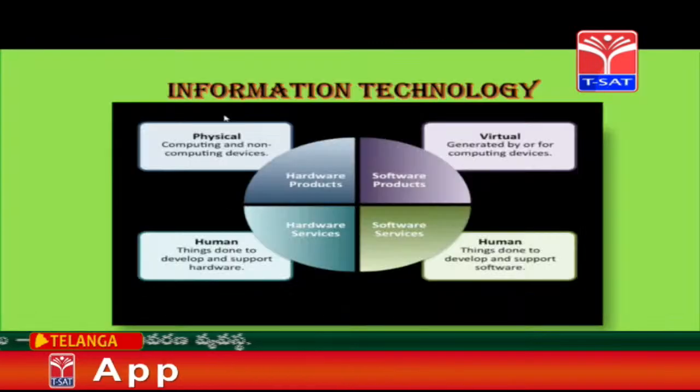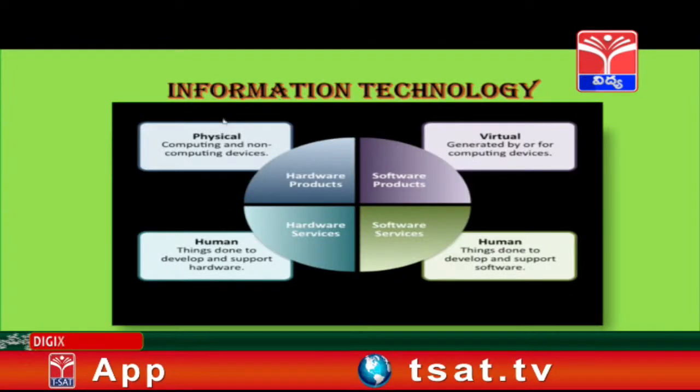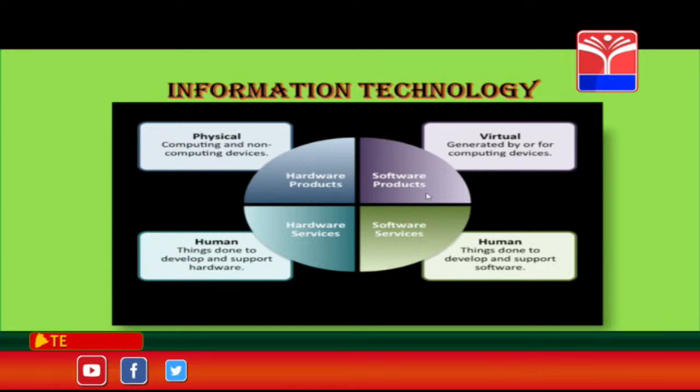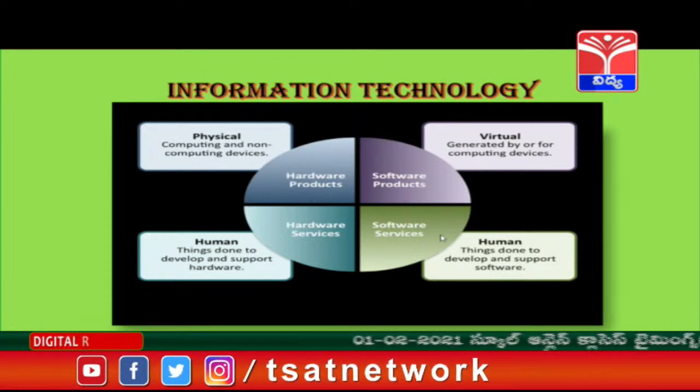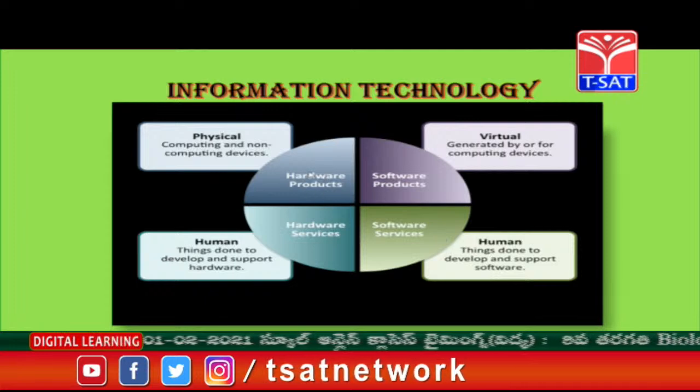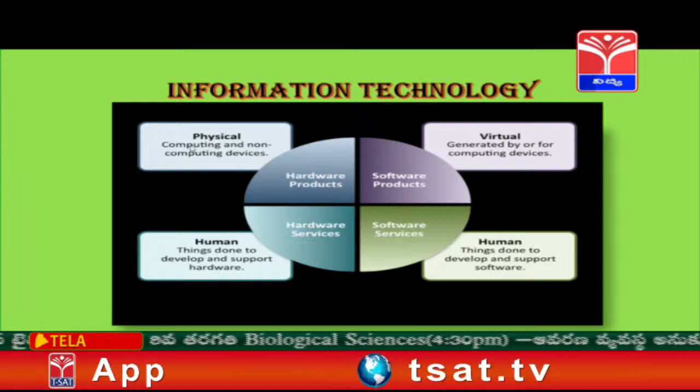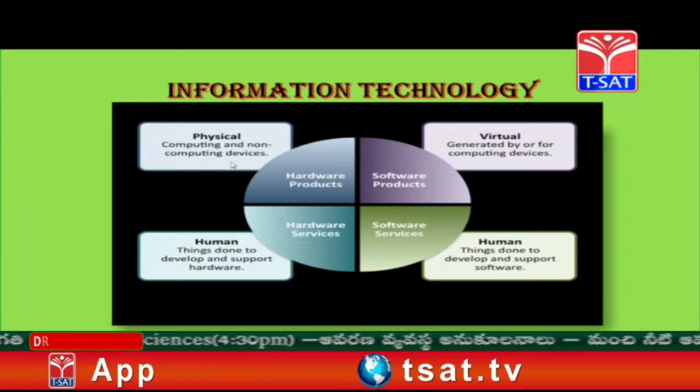Next is information technology, that is IT sector. So, IT sector, what do they provide? They provide hardware products, software products, hardware services and software services. So, what are the hardware products? They are physical, that means which can be touched, like computing and non-computing devices.